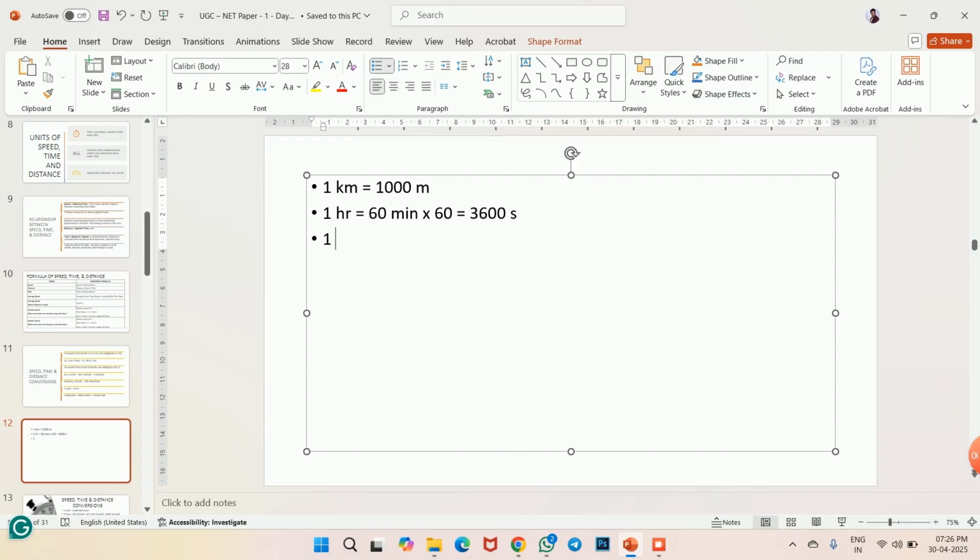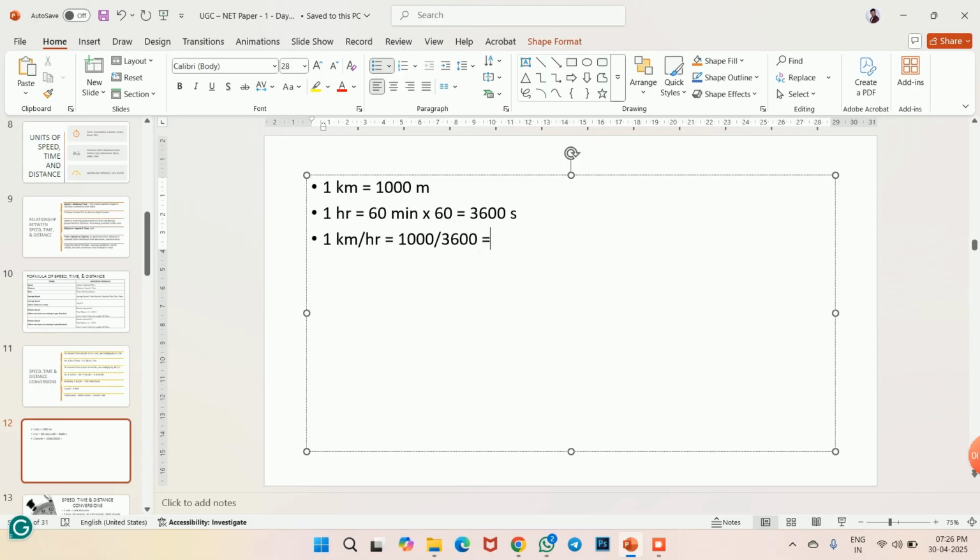Okay, so 1 kilometer per hour, if I want to convert into meters per second, then instead of kilometer I want meter, that should be 1000. In order to convert hour to second, that is 3600.